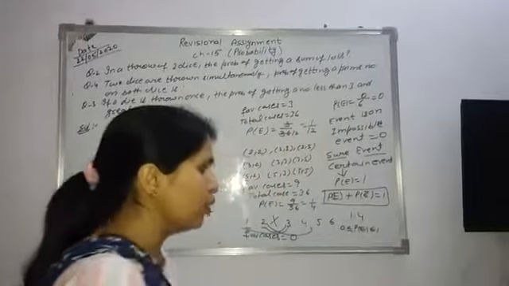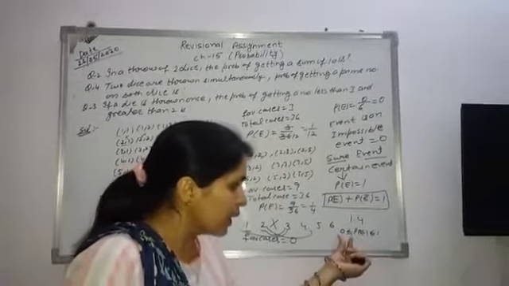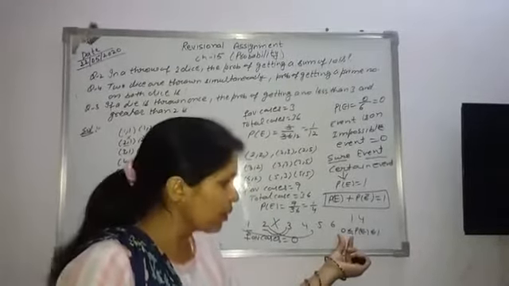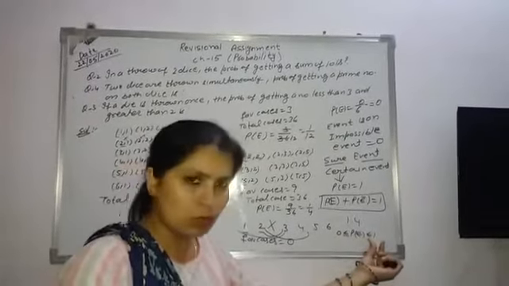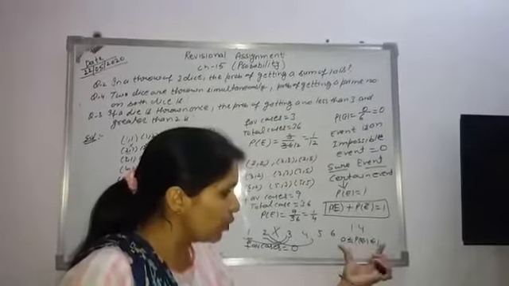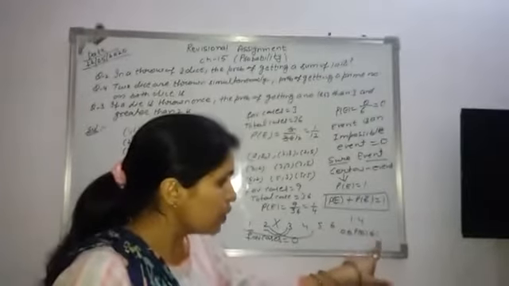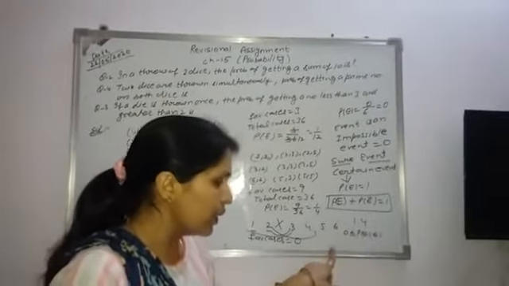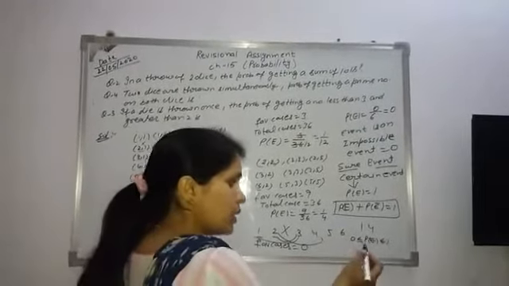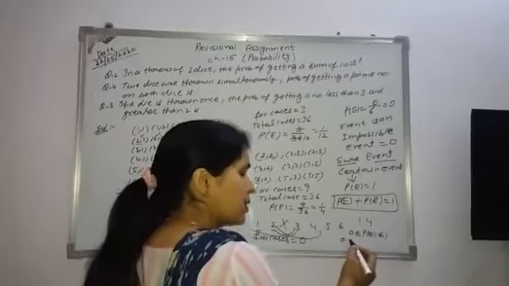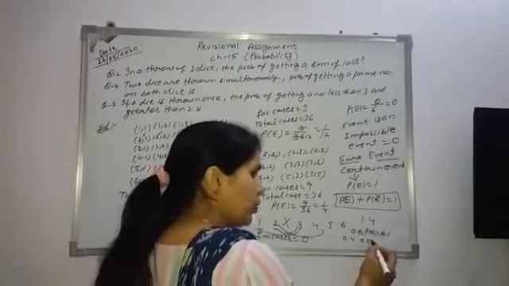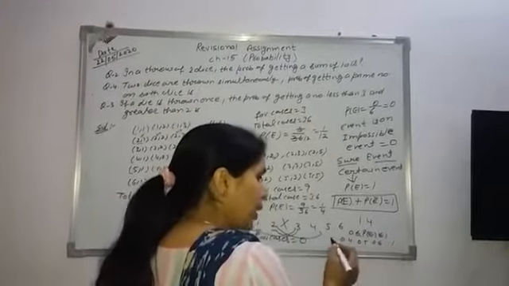So what is the meaning of this? Probability can be equal to 0, probability can be equal to 1, and this value always lies between 0 and 1, but it cannot exceed 1 or go below 0. So probability can be 0.4, 0.5, 0.6, 1 and 0.